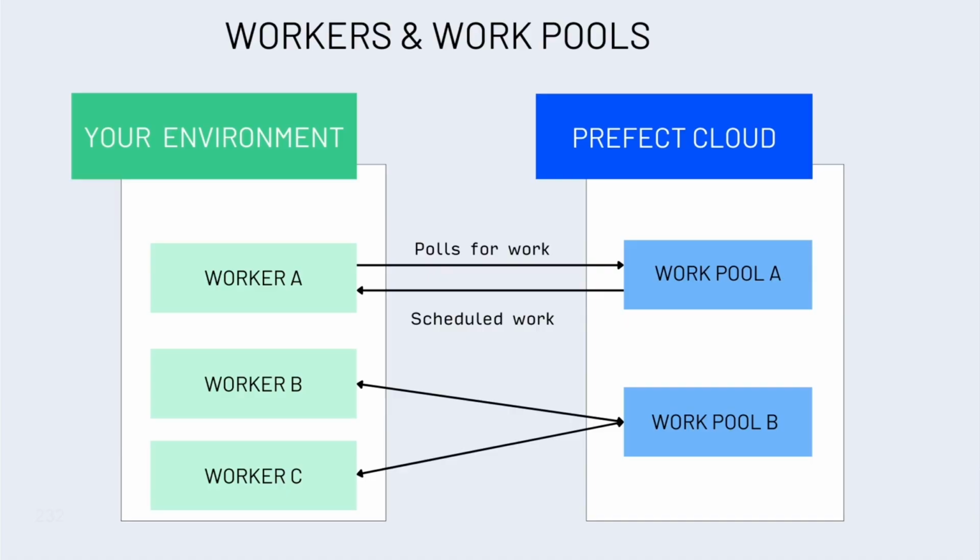The worker is polling for work from work pool A. So worker A is paired with work pool A. Work pool A is kind of acting as the secretary for the worker and organizing all of the upcoming work that the worker is responsible for spinning up infrastructure for. You can actually have multiple workers polling the same work pool as well. So that is something that you can certainly do if you want to distribute work that way.